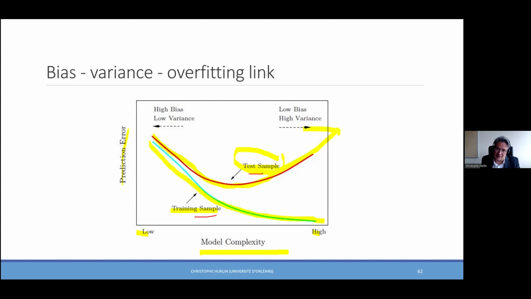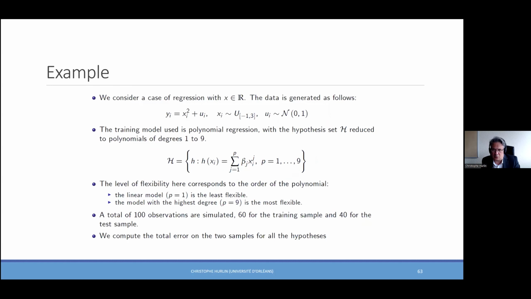And this departure between the error on the test set and on the training set is the evidence of an overfitting issue.